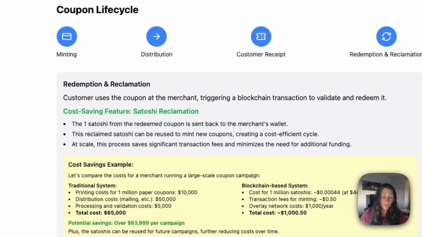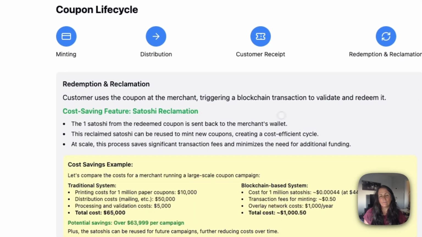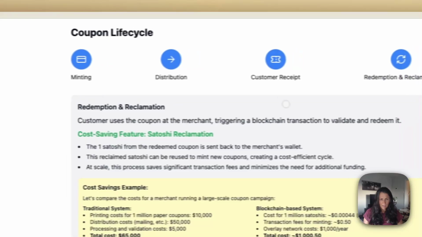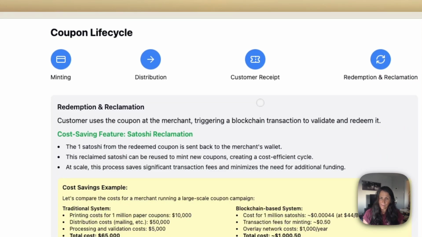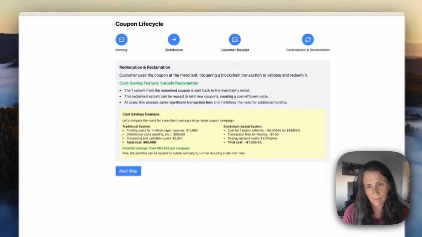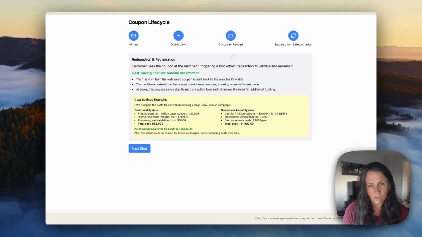And so there's a cost-saving feature in this. So if you think about it, when the customer spends the coupon, as we mentioned, the $5 is not what you're spending. That is the discount that you will receive. And the metadata stored on the overlay network tells you what that discount would be.